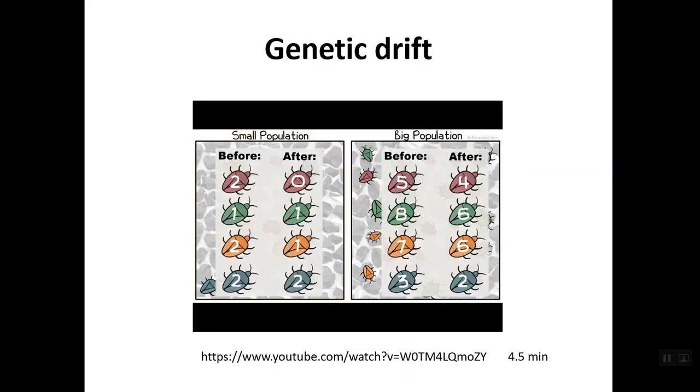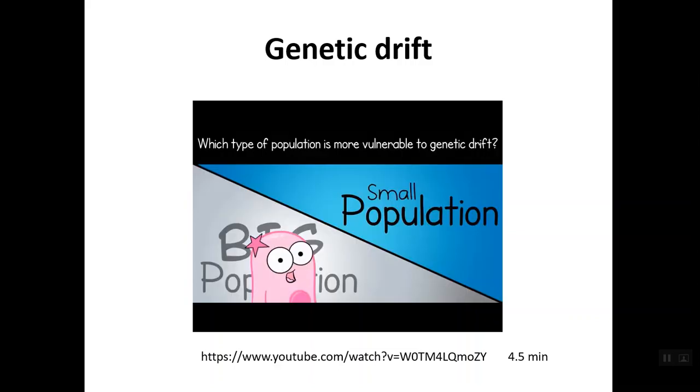As you can see, this random event has the potential to cause more change from the original in the small population. See, there weren't as many representatives there in the first place. So in many incidences of genetic drift in populations, the impact on small populations is especially significant.